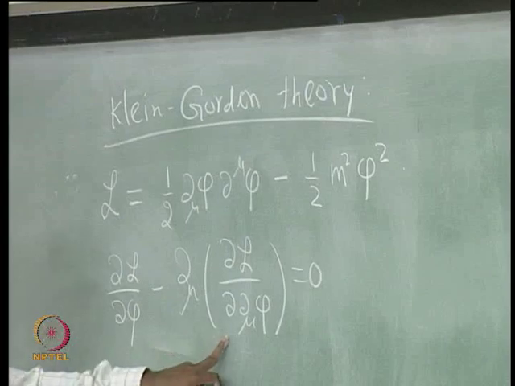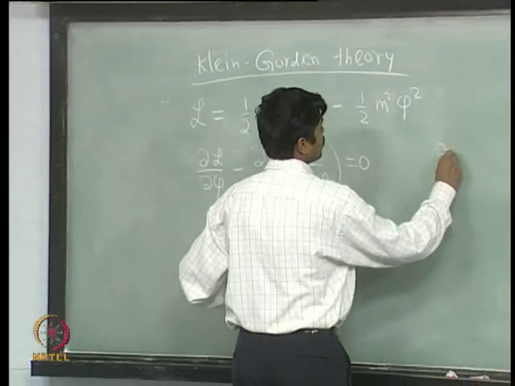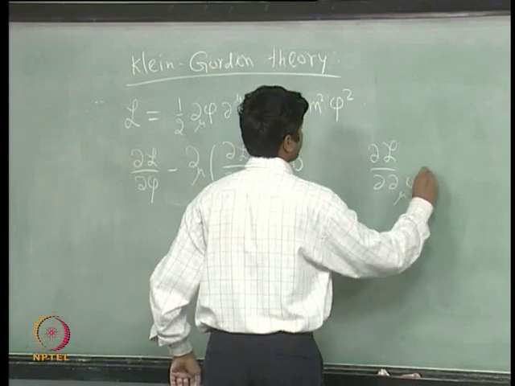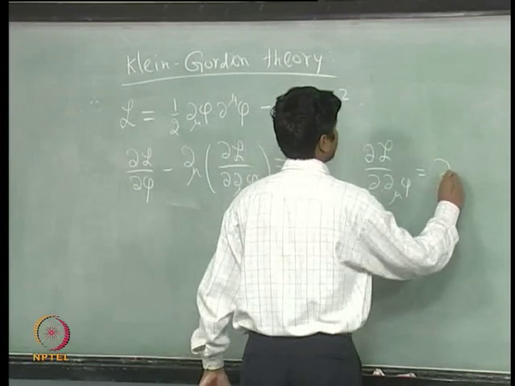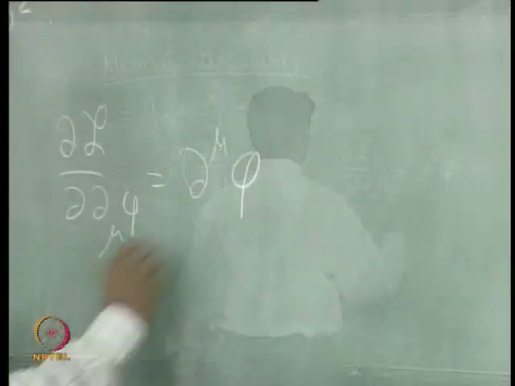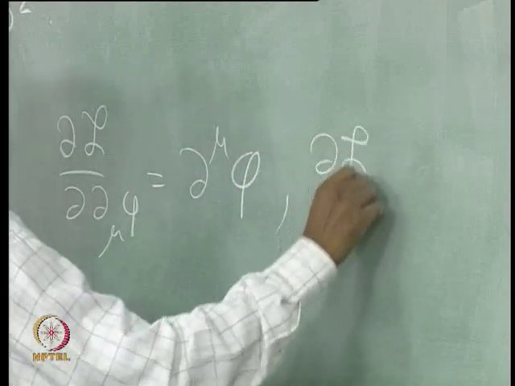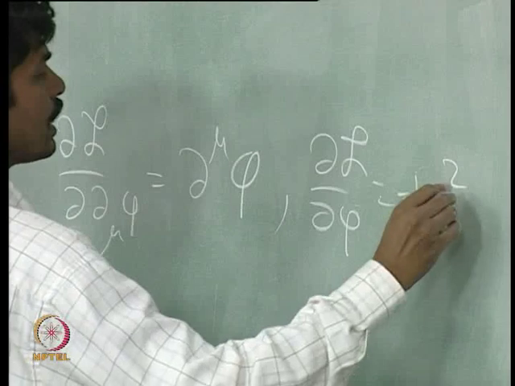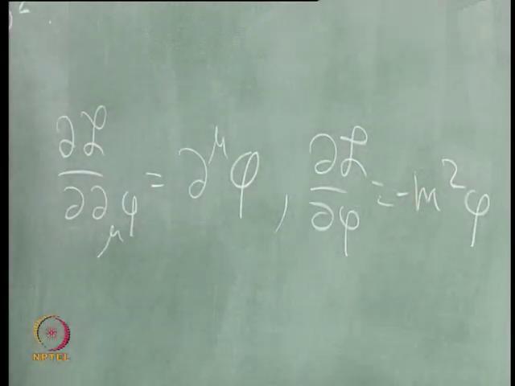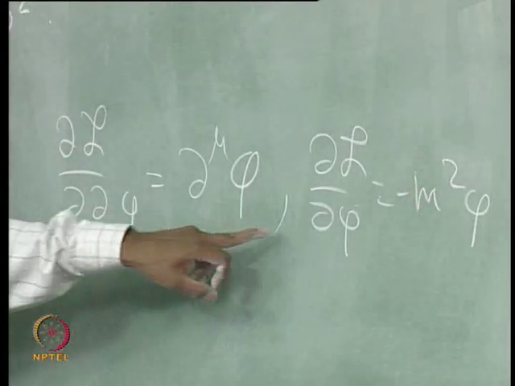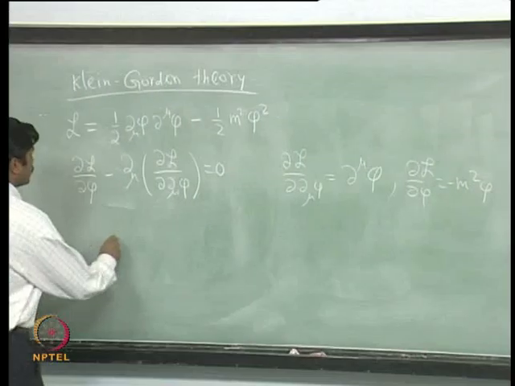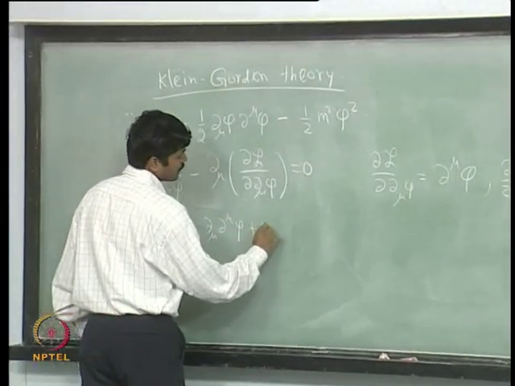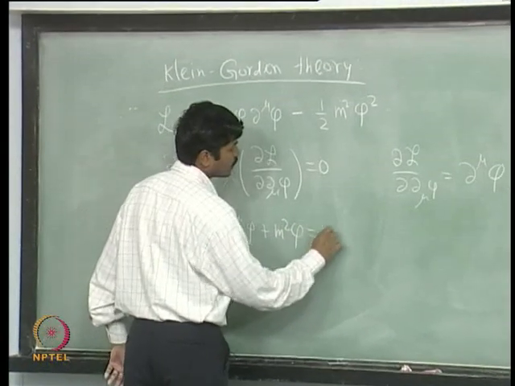The second term here, del L over del of del mu phi, is basically del mu phi, and del L over del phi is minus m square phi. When I substitute this, what I get is del mu del mu phi plus m square phi equal to 0.